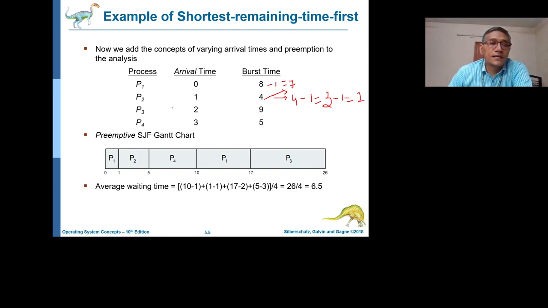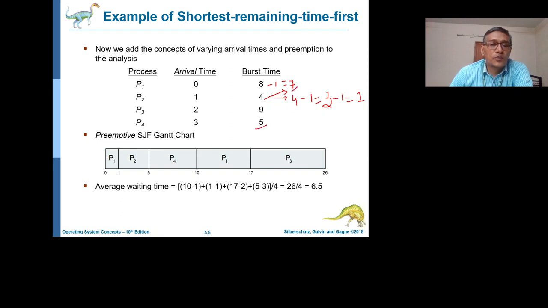Now at time 3, all the processes are in the system. When you compare the burst times of all the processes, 2 is less than 9, less than 5, less than 7. So P2 will complete its execution at 5 milliseconds, and after P2's completion, only P1, P3 and P4 are there. When you compare the burst times of P1, P3, P4, 5 is less than 9 and 7.